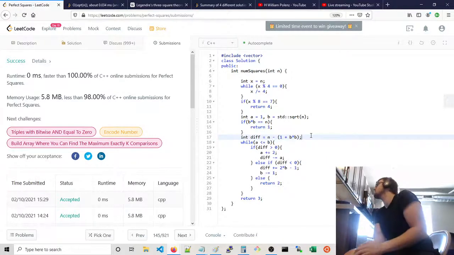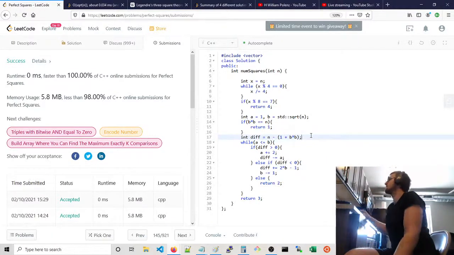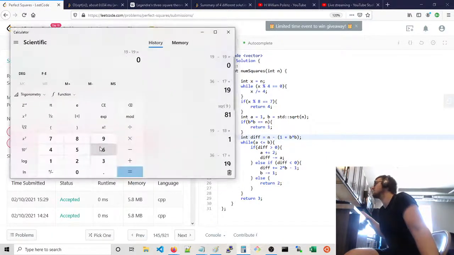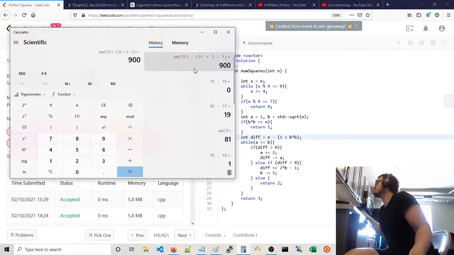What is B? B is 31 squared. B is 31. Subtract 31 times 2 minus 1. 61.